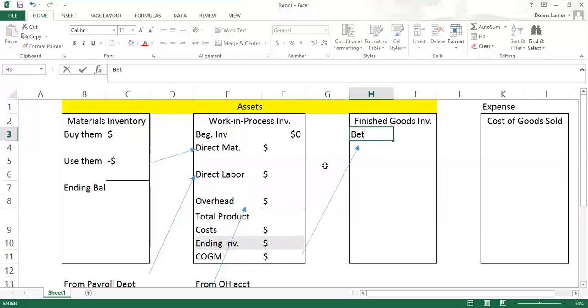There might have already been items in finished goods that you made in other periods that have not sold yet, unsold inventory. That's what that would be considered. And then our cost of goods manufactured gets added in.